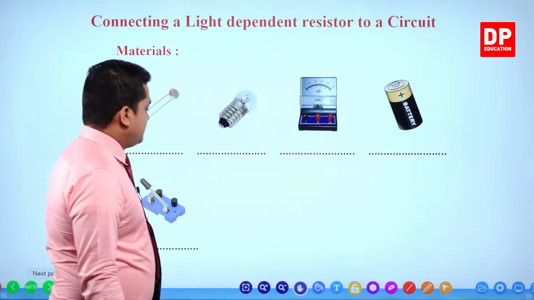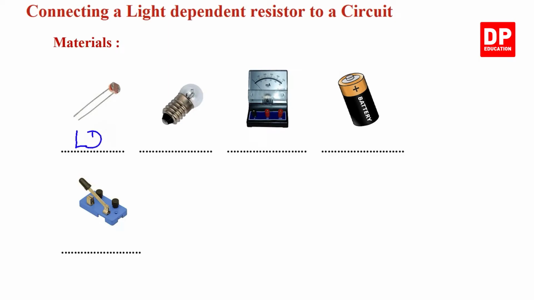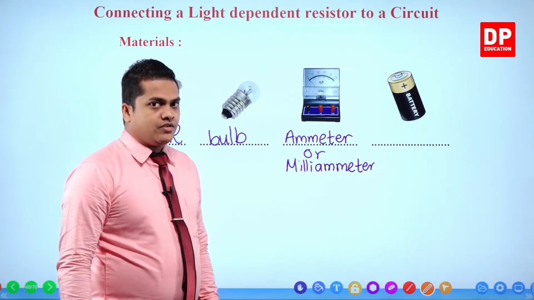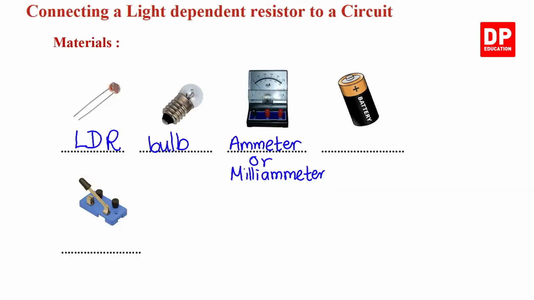So materials, of course, you'll be needing an LDR, then a bulb to check the brightness, then an ammeter or else a milliammeter. Then actually these things are called dry cells, right? We'll be needing dry cells, then a switch.